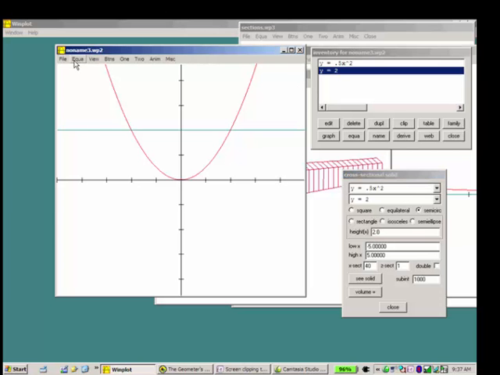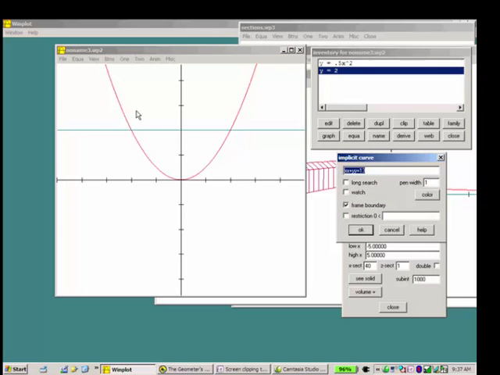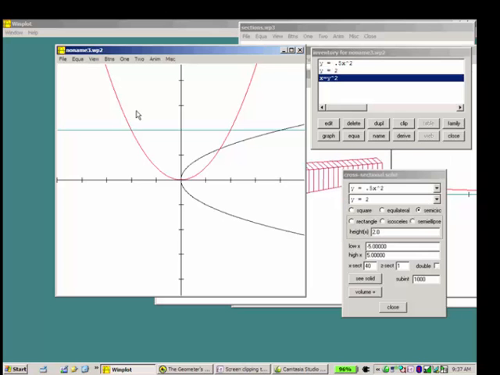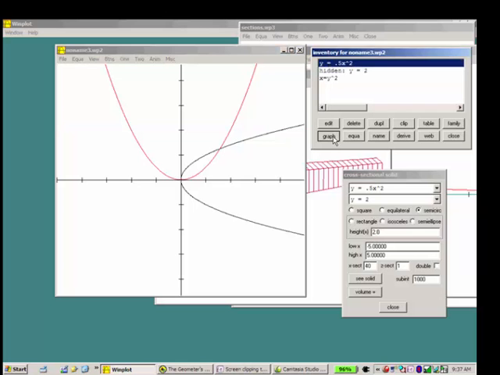What if I do file equation? If I do an implicit, x equals y squared. I need to hide that. 2y squared? Is that what I need? Oh, shoot. What just happened?